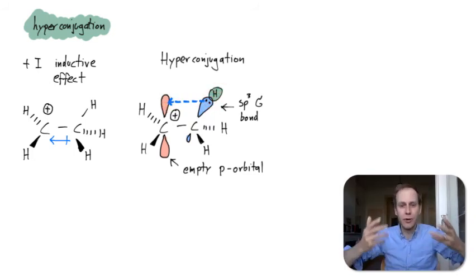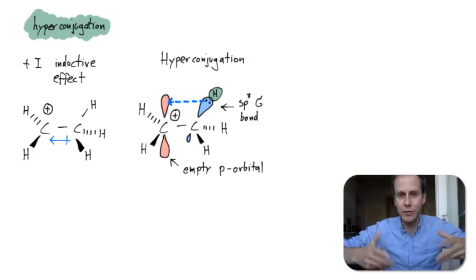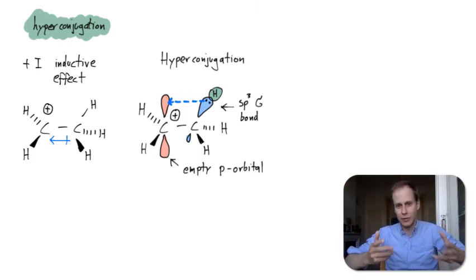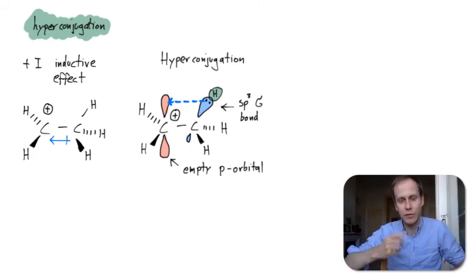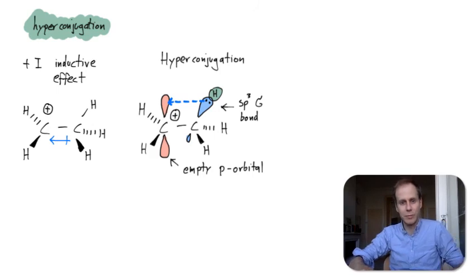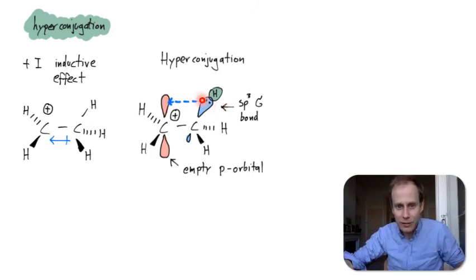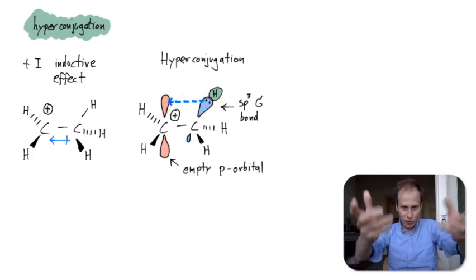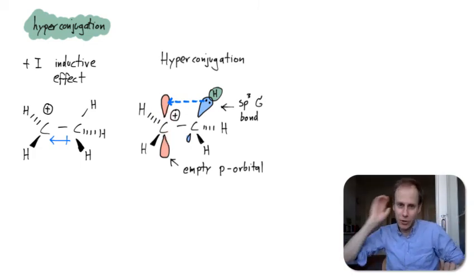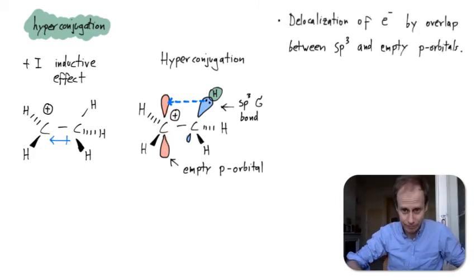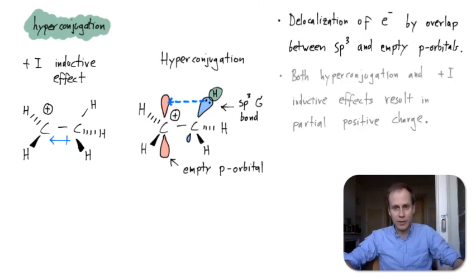That is called hyperconjugation, and this is some kind of delocalization of the electrons. We'll see later, delocalization is something that is very important for the stabilization of reactive intermediates. So this delocalization of this electron pair from this sp3 orbital by the electron attracting empty p orbital, that's called hyperconjugation. So here's just written what I said. The delocalization of this electron between the p orbital and the sp3 orbital.